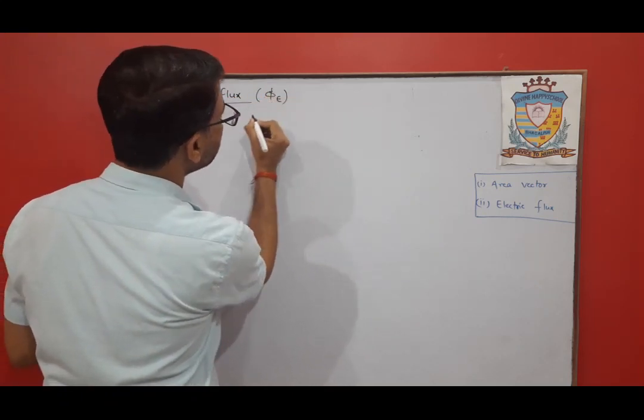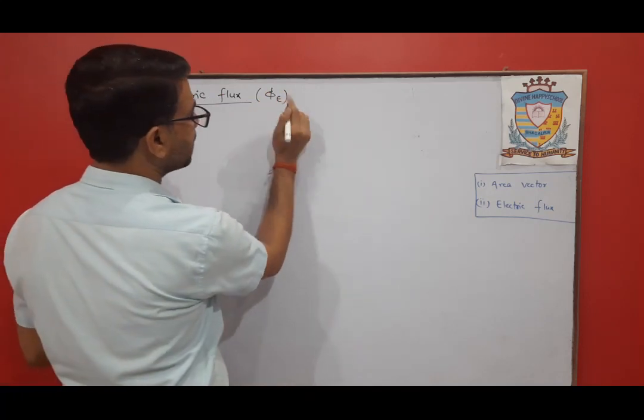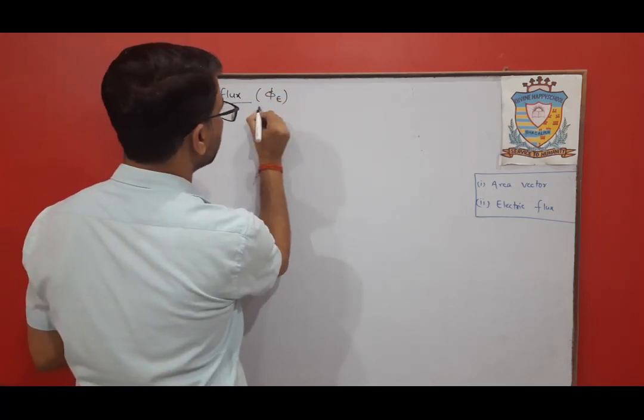This is represented by phi E, that is electric flux. Okay.